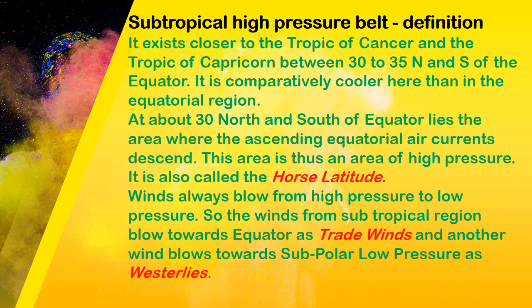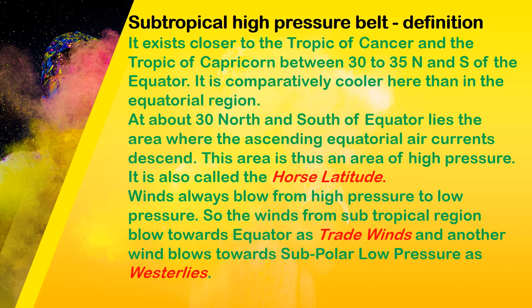Then the next one is the subtropical high pressure belt. It exists closer to the Tropic of Cancer and the Tropic of Capricorn, between 30 degrees to 35 degrees north and south of the equator. In India there is the Tropic of Cancer.